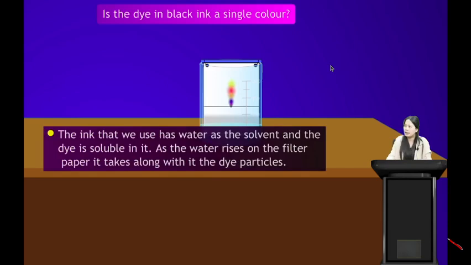The ink that we use has water as the solvent, and the dye is soluble in it. As the water rises on the filter paper, it takes along with it the dye particles. So the water is moving up this filter paper, and the dye particles are also moving up along with the water particles.